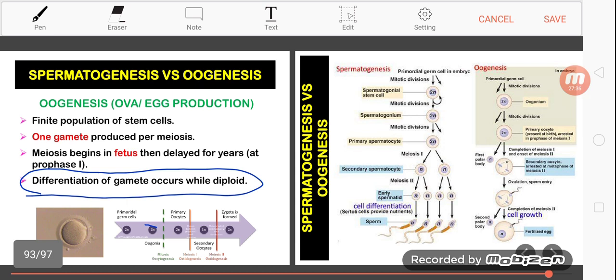Okay, if you want to compare this, I think it's easier if you reflect back on spermiogenesis, where the round sperm become elongated sperm.